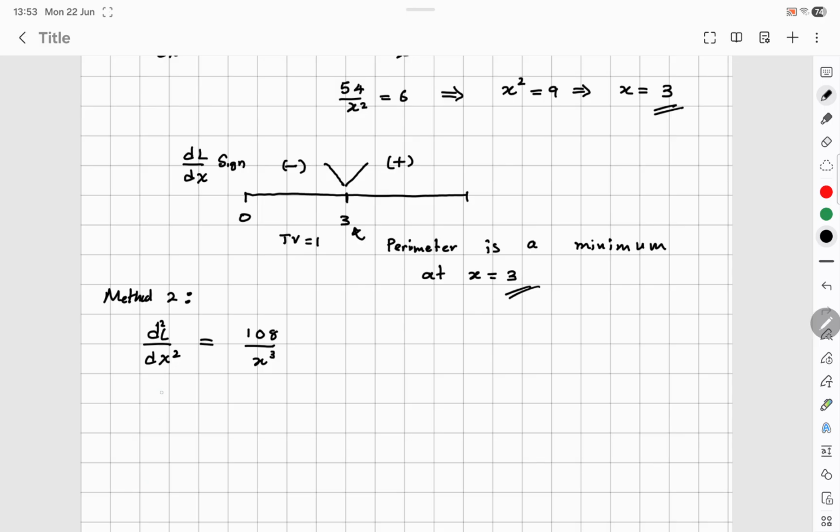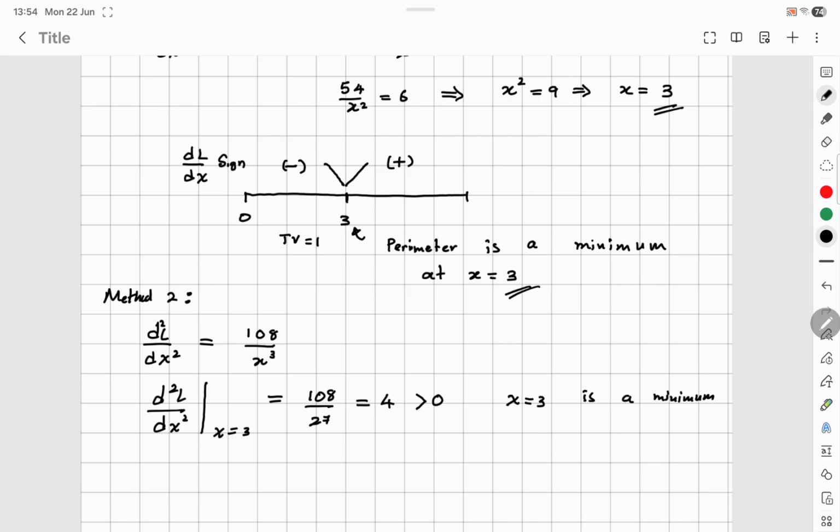So we found the second derivative now. Now substitute the turning point value, x equals 3, 108 over 27, which is 4. Second derivative is positive at the turning point, so that means what? X equals 3 is a minimum. You have a minimum at x equals 3.